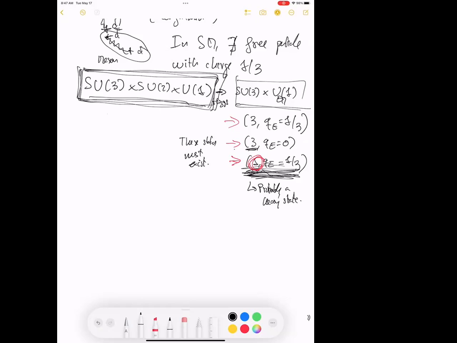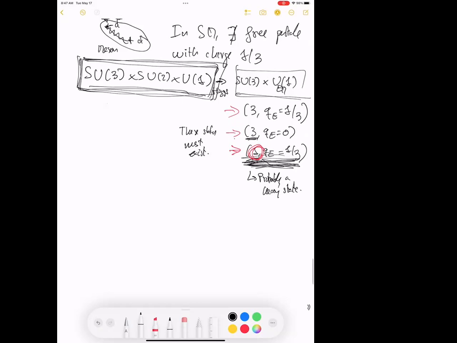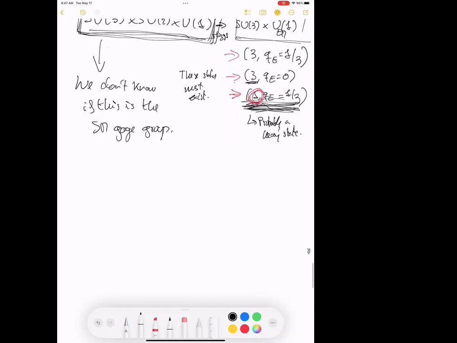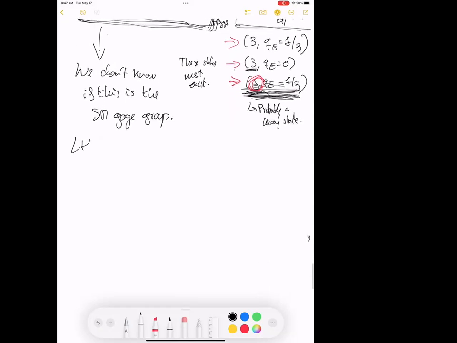But actually, we don't know if this is the standard model gauge group. And then you might say, what? But we have measured this at LHC, we've measured the Higgs. So what's going on? What are you talking about? Well, what we measured at LHC, we've measured gauge bosons.